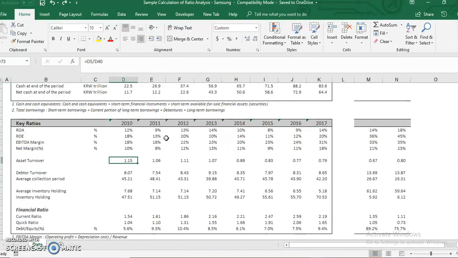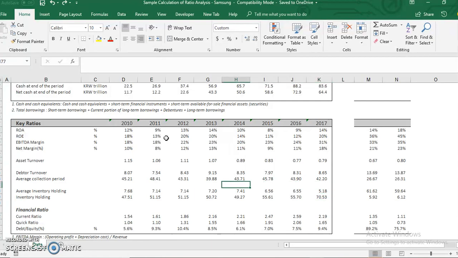Asset turnover means how many times the revenue is compared to the assets. Now the ratio is going down, which means that the company's assets are increasing, however the sales is not increasing. So it means they are probably non-operating assets, or they are buying assets which are not directly related to the operations of the company.